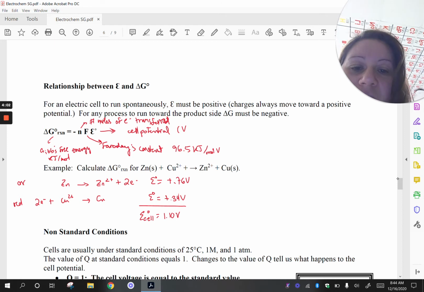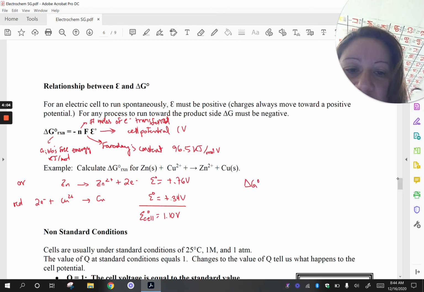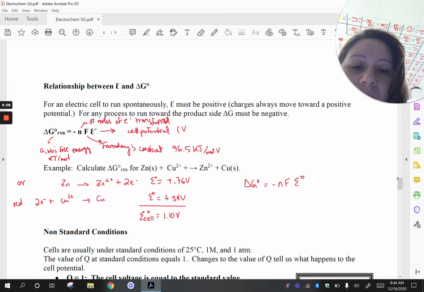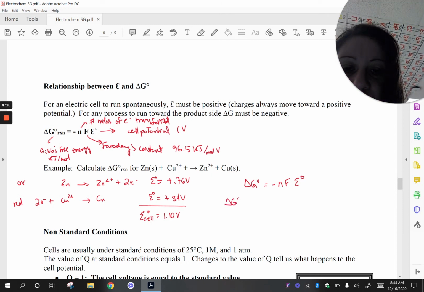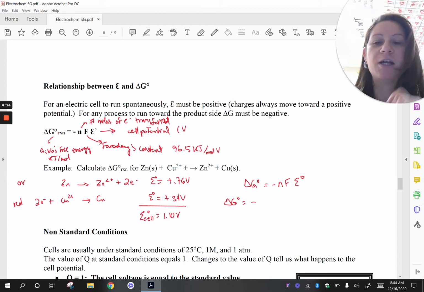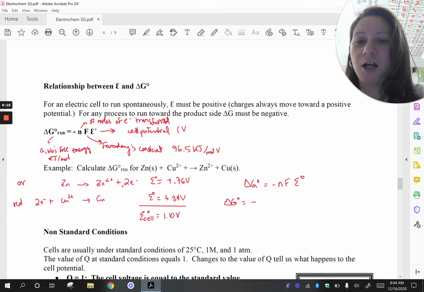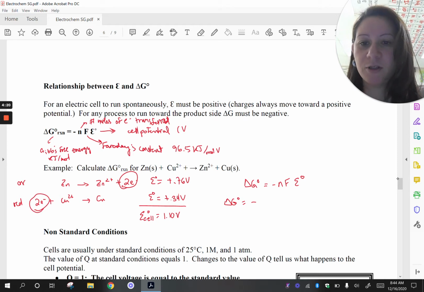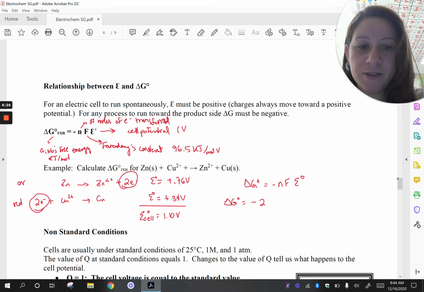So to calculate Gibbs free energy, I'm going to say delta G naught is equal to negative nFE naught. So delta G naught is equal to negative, my number of electrons transferred, which should match the electrons in the half reactions, so that is 2 moles of electrons.